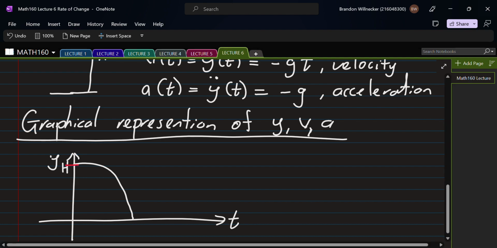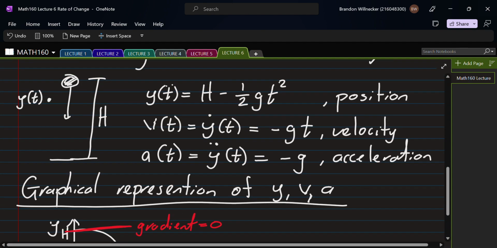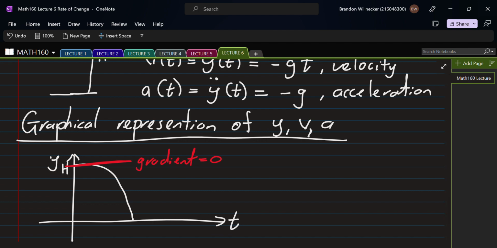So we see at the top here, the tangent line is horizontal, so it has 0 gradient. So here, gradient is equal to 0, which makes sense because we said that the particle starts from rest. So that means the gradient or the velocity at that beginning point must be 0, right? Because it started from rest.